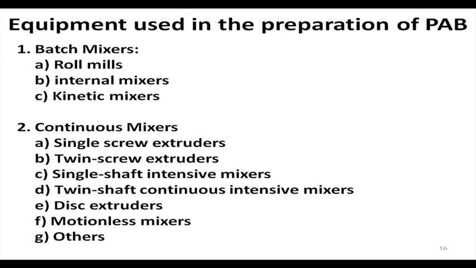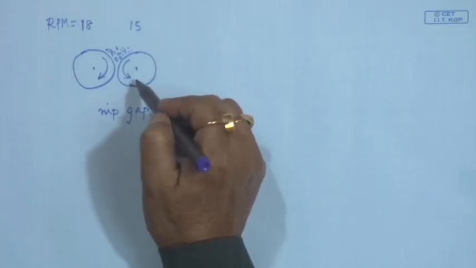That means the RPM of the first roll can be, suppose, 18, and the RPM of the other roll can be suppose 15. So, what happens? The first roll rotates at higher speed than this roll.